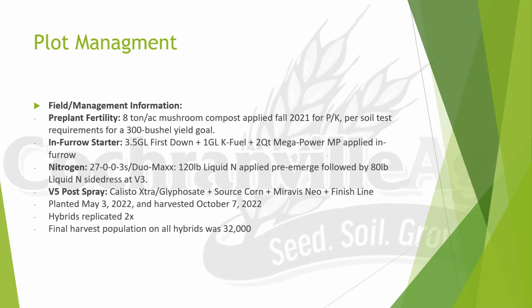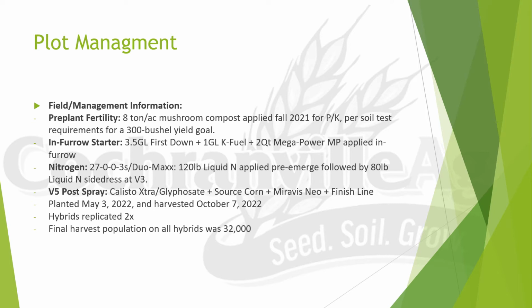The other thing to pay close attention to is the final harvest population on all these hybrids was 32,000. So an old seed breeder told me years ago that you can figure on 10 bushel of corn per 1,000. So that means that in this plot at the seeding rates we're using, if that holds true, we want to set our yield limit at 320 bushel.